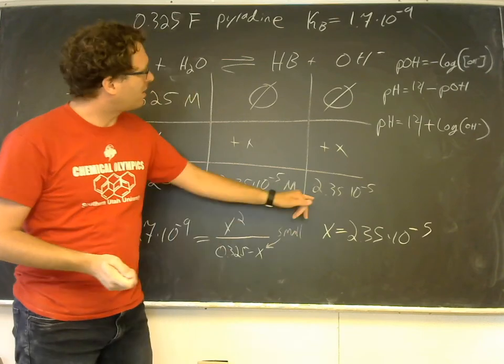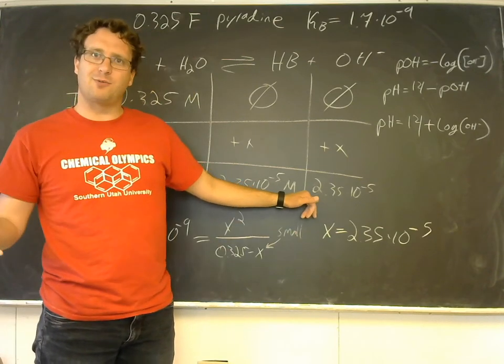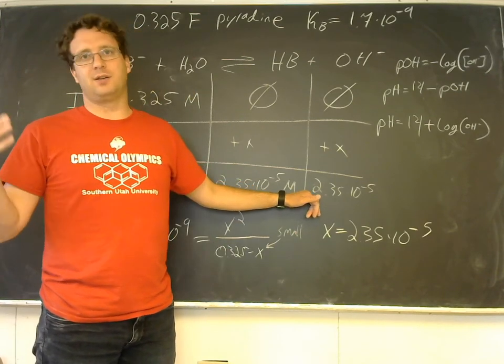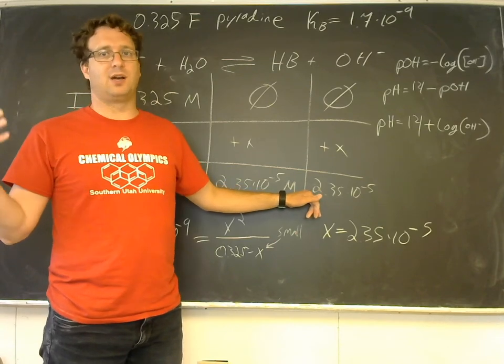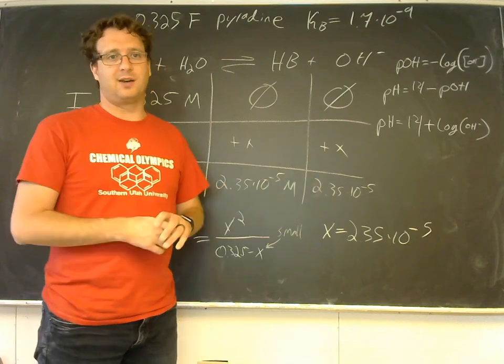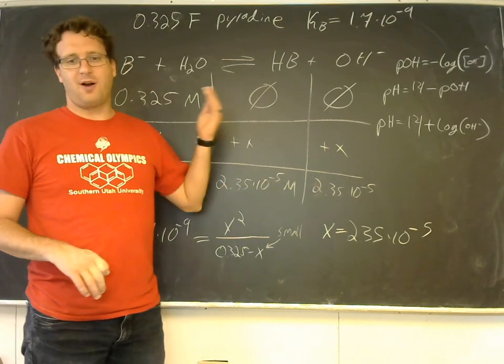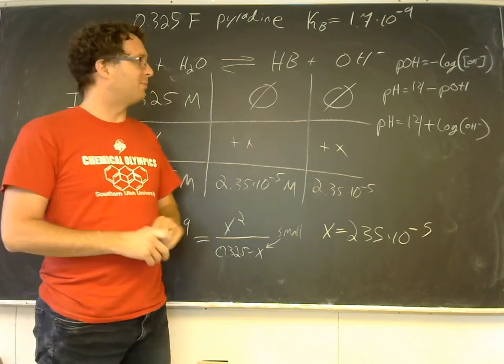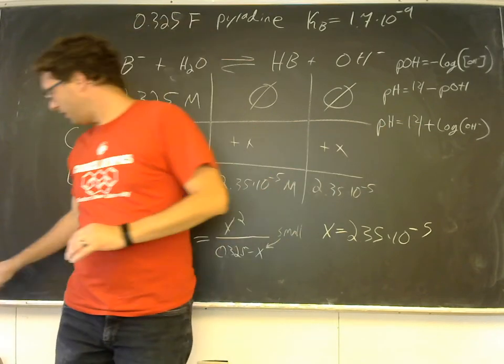Alternatively, you could find the H3O plus concentration, because H3O plus concentration times OH minus concentration is equal to Kw, or 10 to the negative 14th, and then from there take the negative log of that value. But I think this is pretty slick. I like to do it this way.